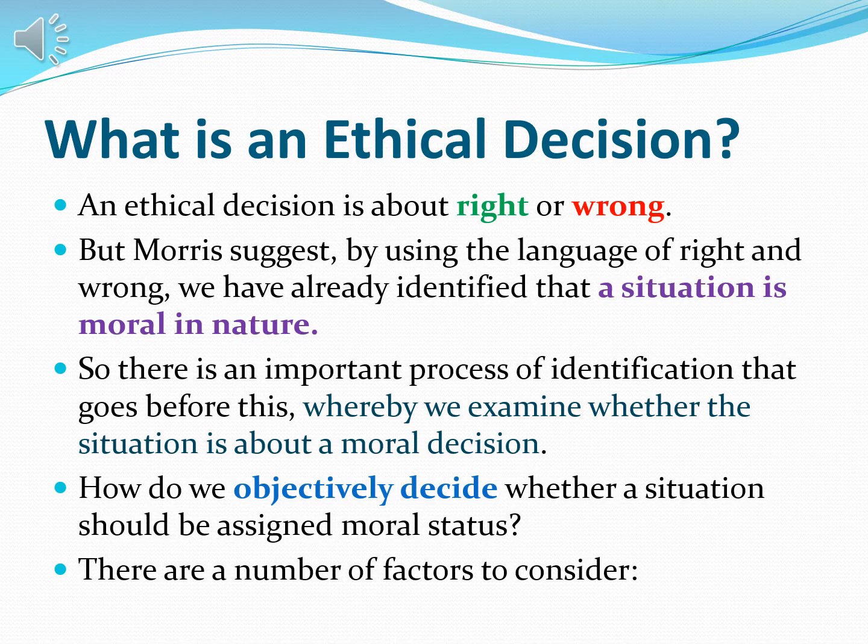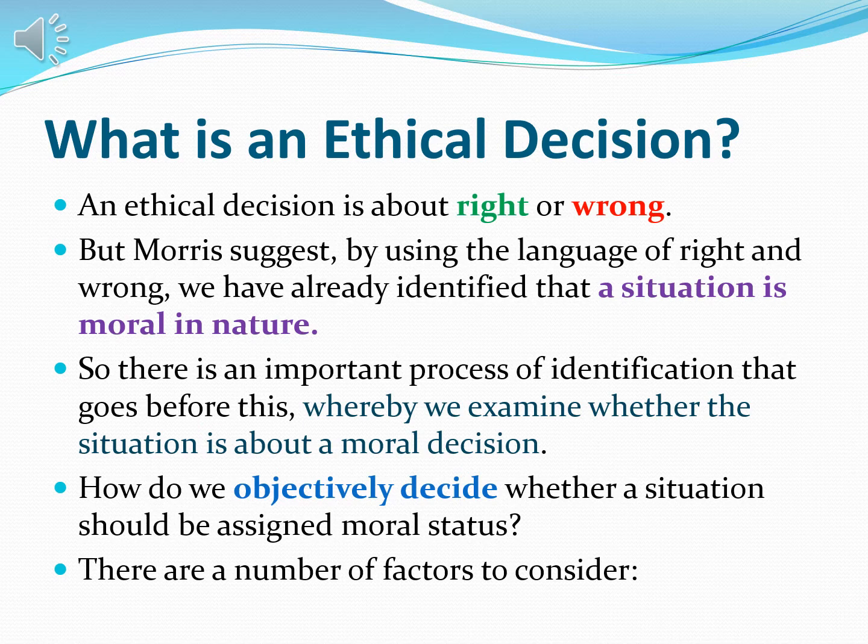But by using the language of right and wrong, we have already identified a situation as moral in nature. So when we come to the point of deciding whether it is right or wrong, we have already identified the situation.